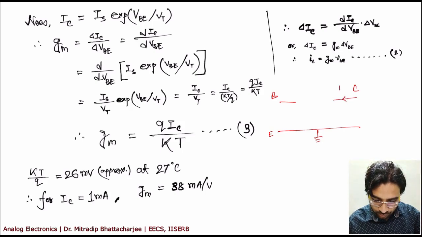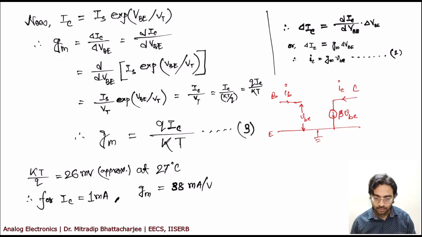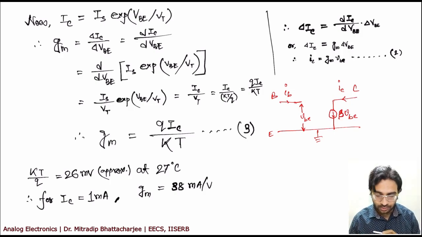Now current is flowing from there, IC, and here you have IB. So your current is IC equal to beta into VB, considering VB is the input. Okay, so your current will be beta into VB, right?